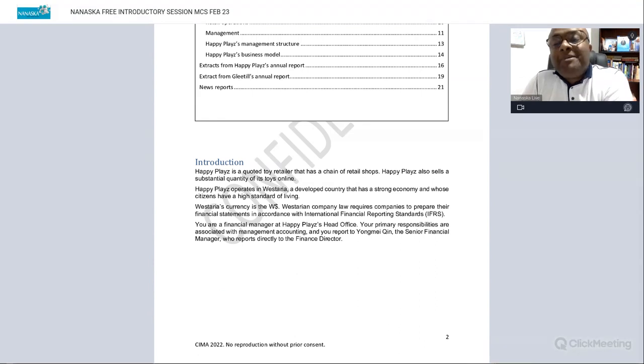We are in the business of toys. We sell toys. I mean, you yourself can read the first line. Happy Place is a quoted toy retailer that has a chain of retail shops.